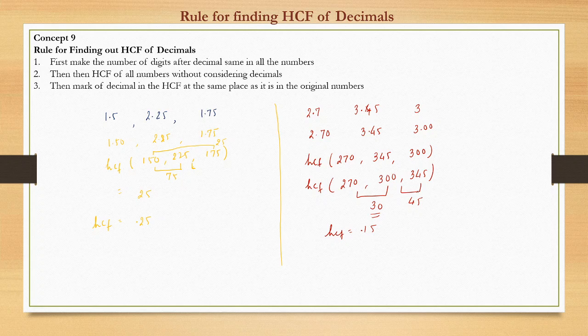Now this is one method. Otherwise, you could have simply converted the decimals into fraction form. This will be method 2. We convert 1.5 as 15 by 10, 2.25 as 225 by 100, and 1.75 as 175 by 100.